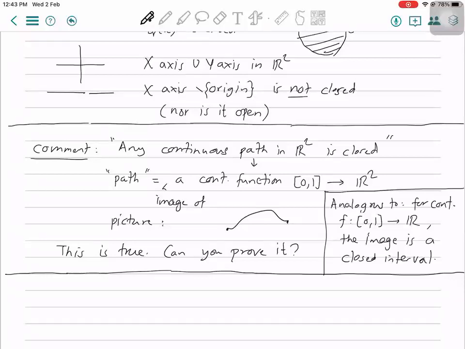You're talking about a function from the closed interval to R2, right? The words open and closed are going to be applied to more general things, to any metric space.